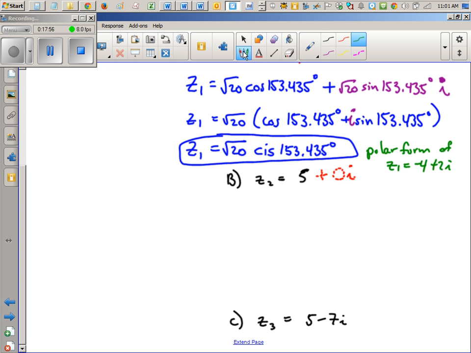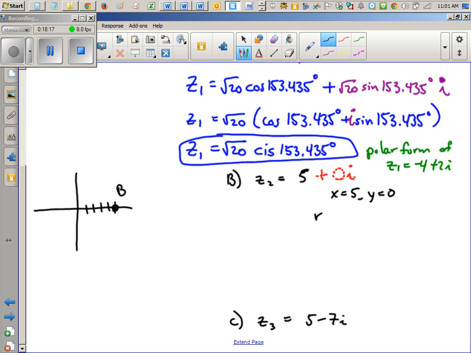So let me just replot that point. This is what you plotted, remember? Okay, so it looks like my x is 5 and my y is 0.